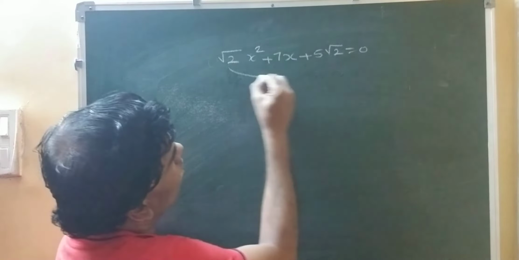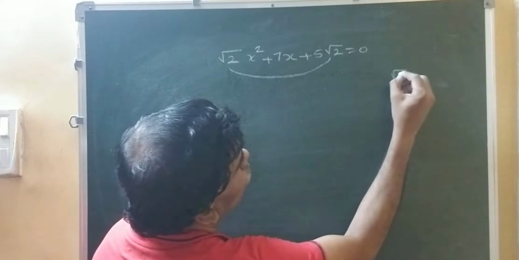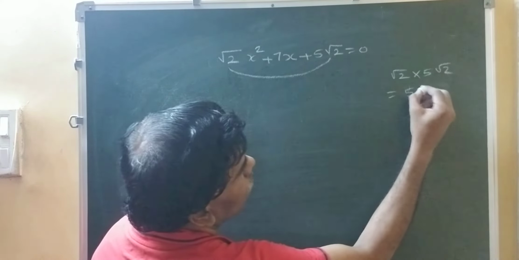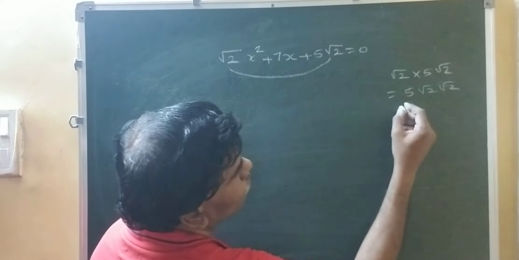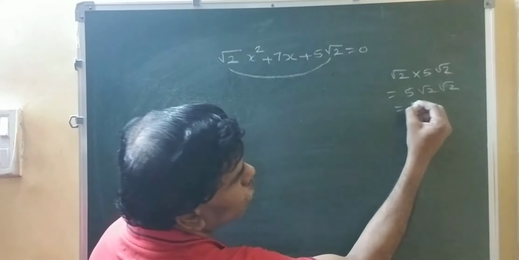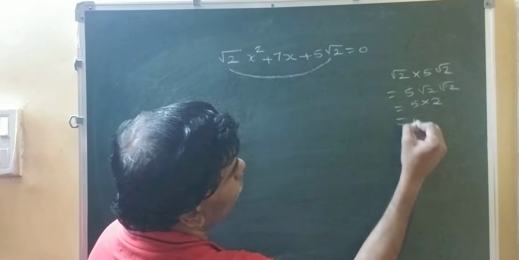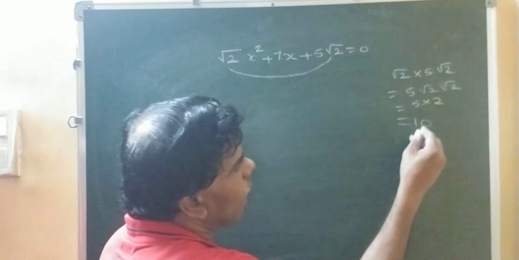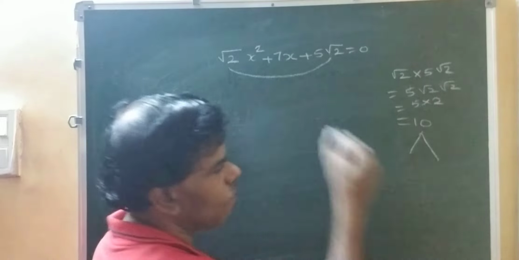Now we have to multiply root 2 into 5 root 2, which is equal to 5 into root 2 into root 2. What is root 2 into root 2? 2. So if you multiply, what you should get? 10. If you add, you should get 7.